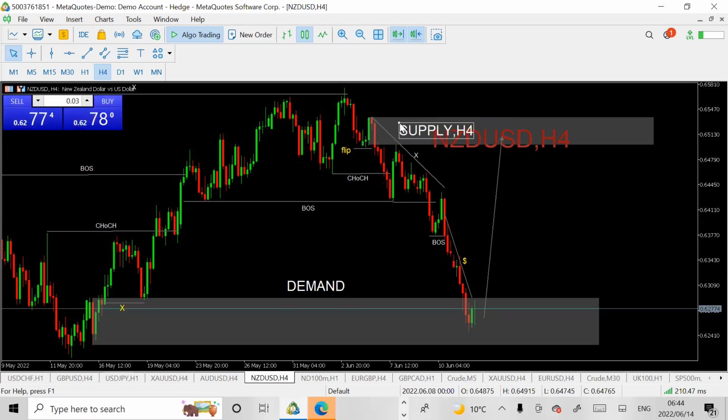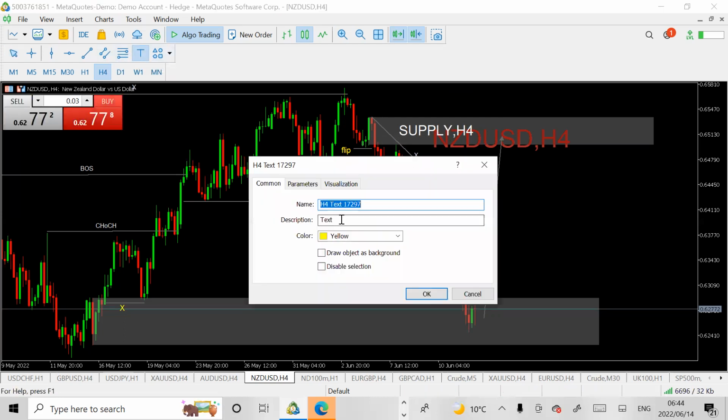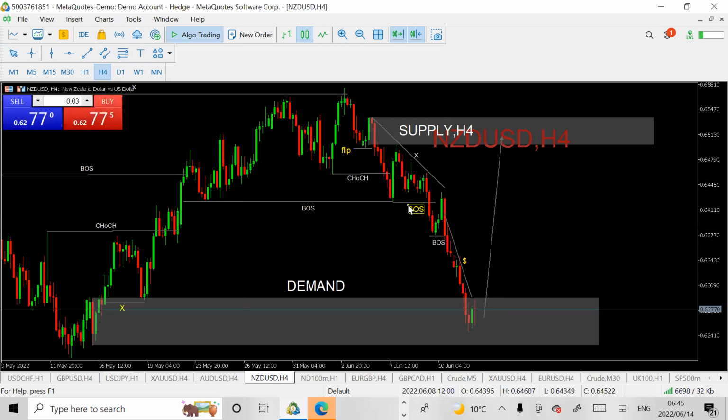Then sell entries. Yes, break and retest, that's making RTOs, with a couple of breaks of structure. Within our demand area, we add our order block here.